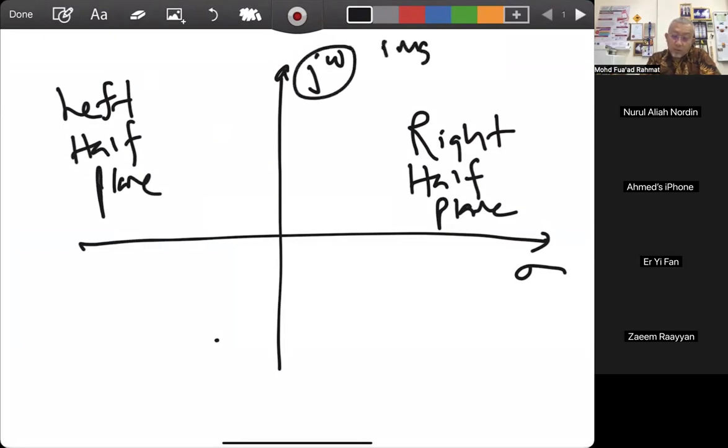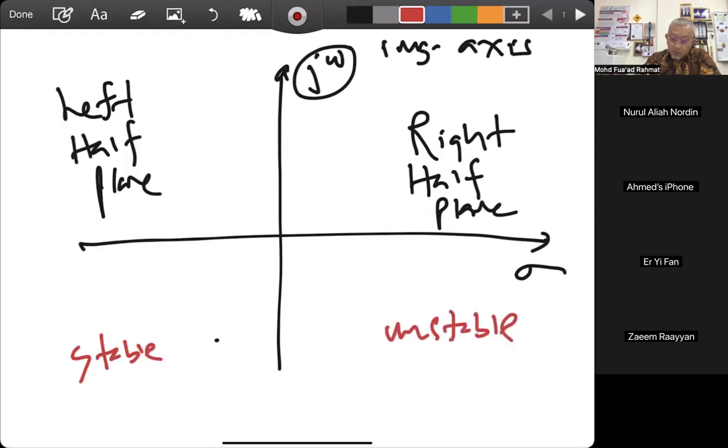So we have three areas now, which we call stable, unstable, and this part is critical.